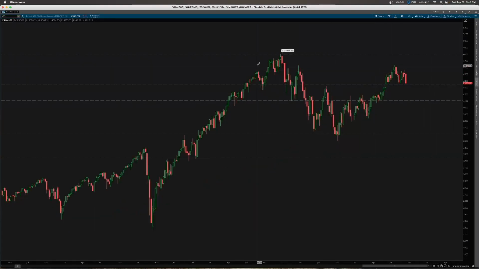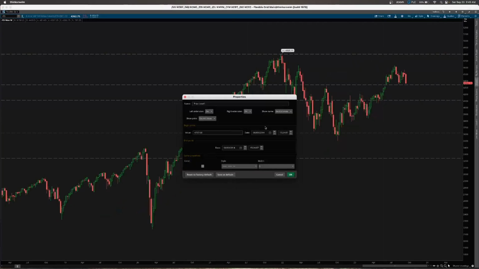Okay, so we've got our major levels around us right now, and I'm going to focus on what's immediately above and below us. So this, let's say, segment high, we'll show the name on the right.